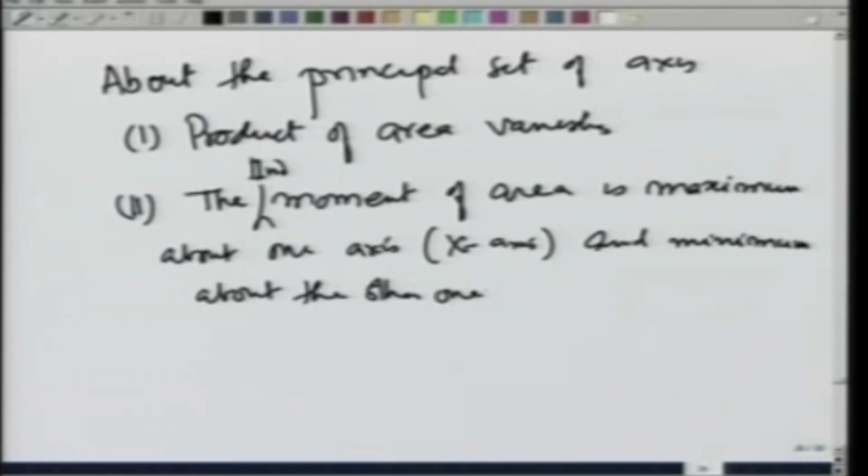If it is maximum about the x axis, the other one is going to be the y axis. Let us see how that comes about.